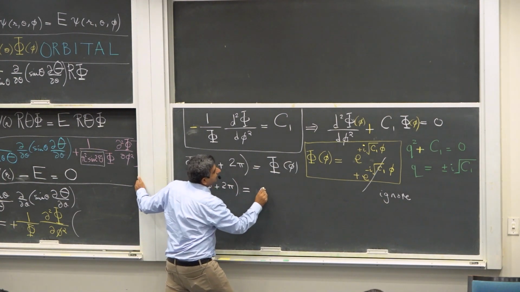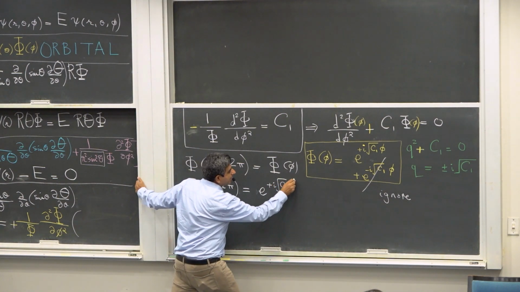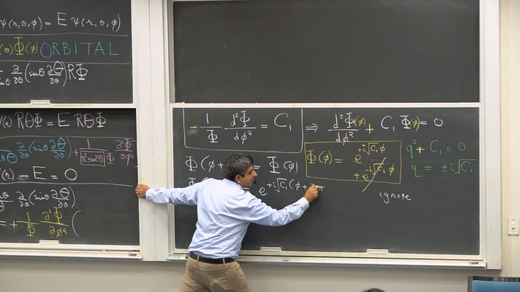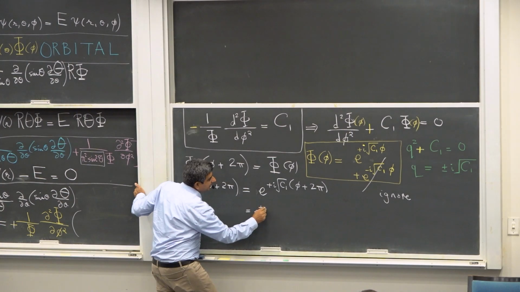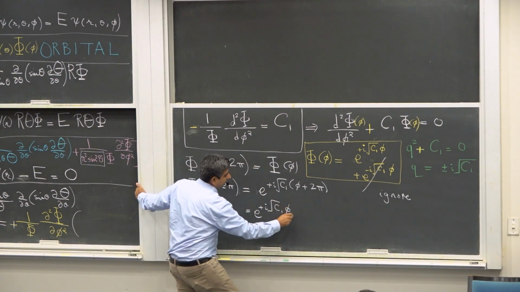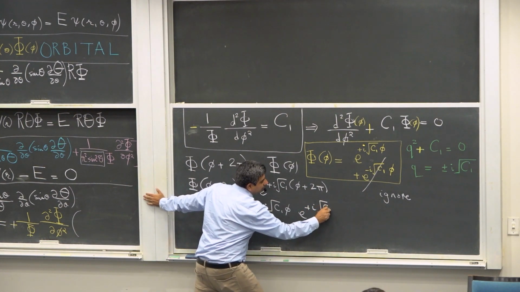E plus I C1 phi plus 2 pi. This is E plus I C1 phi times E plus I C1 2 pi.